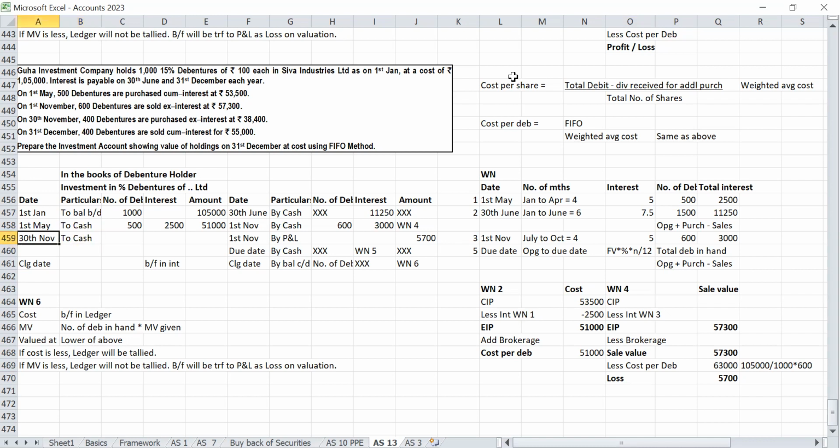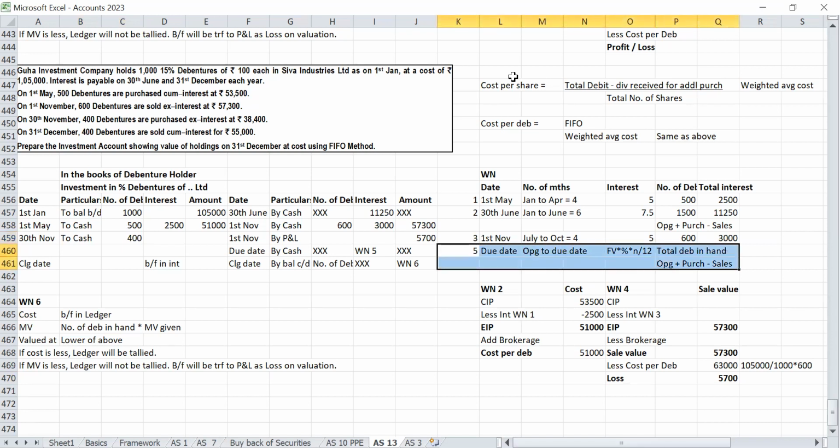Oh, we have not written the sale value, 57,300. Okay. Yes, on 30th November, to cash. How many debentures? 400 debentures. Working note, 38,400 again.